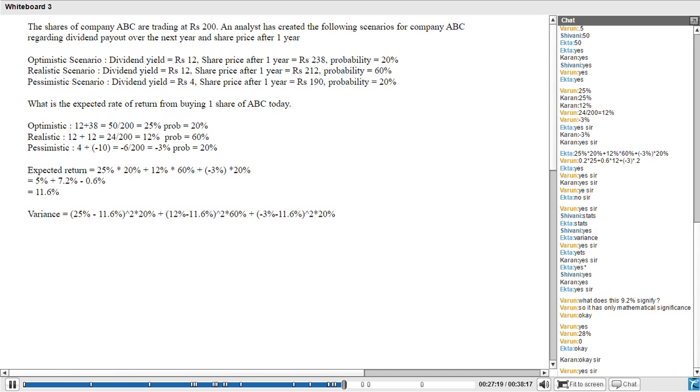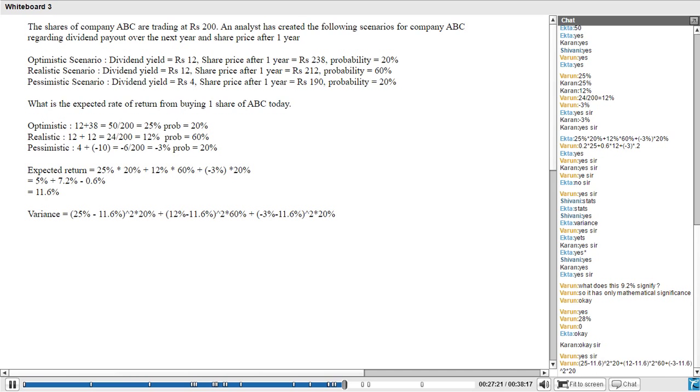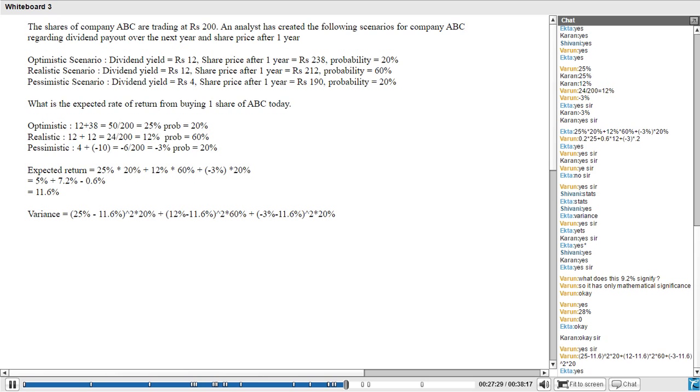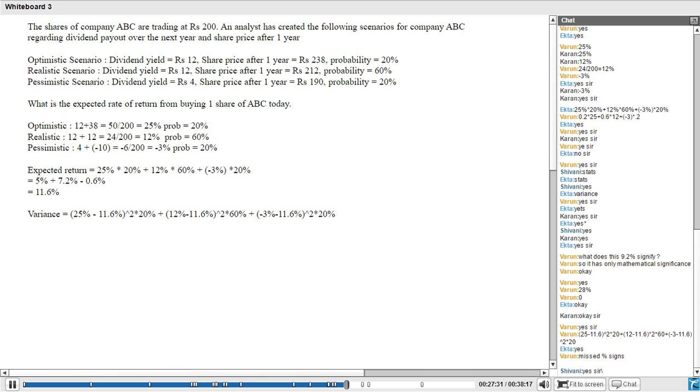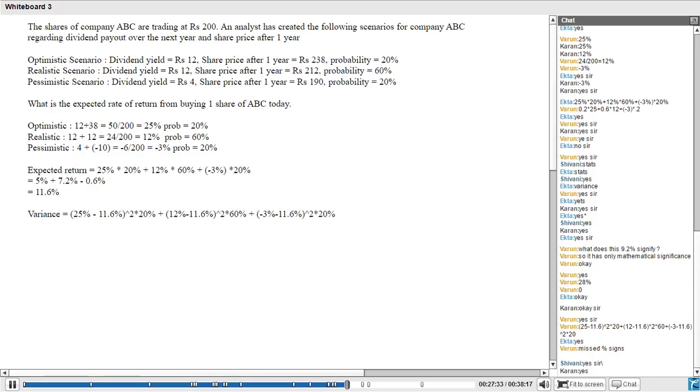So is this what all of you are writing on your boards? Yeah, that looks right. Do you all follow it? Okay, that's fine, Varun. So this would be the variance, and I would suggest after the class all of you should try and solve it.